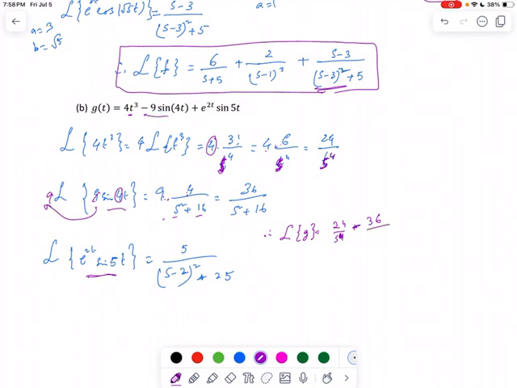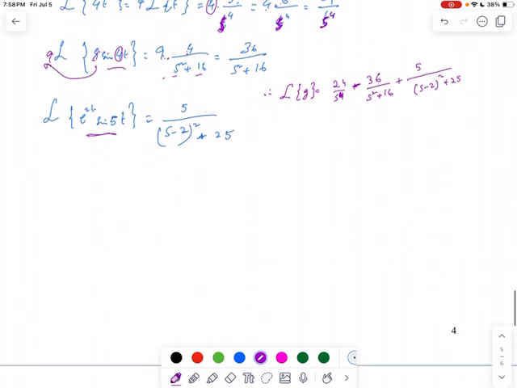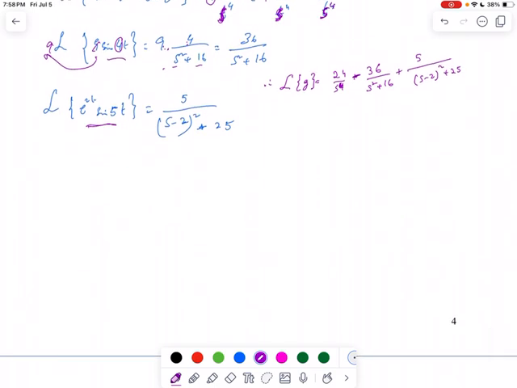Okay, this term is minus 36 over s square plus 16, plus 5 over s minus 2 whole square plus 25. So this is how you do the transforms. Okay, now we'll look at section 7.3.